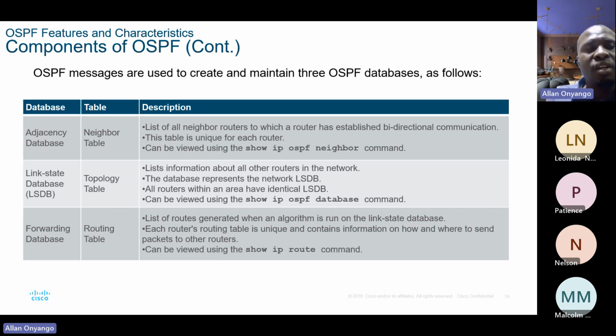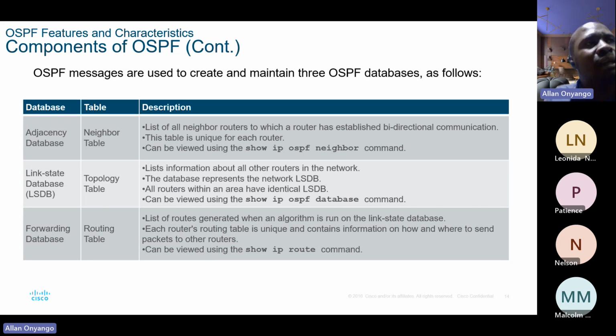So number one, we have a database called the adjacency database. Now, it is important to note that when we talk about the word adjacent, this house is adjacent to us.